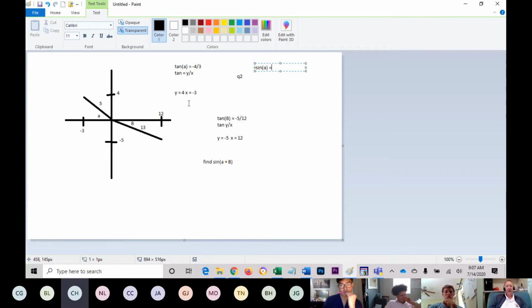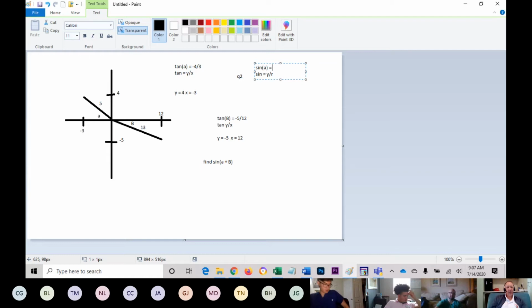Remind me again. If tangent is y over x, what's the sine? It's 4/5. Sine is y over r, right? So if sine is y over r, sine of alpha is going to be what? 4/5.